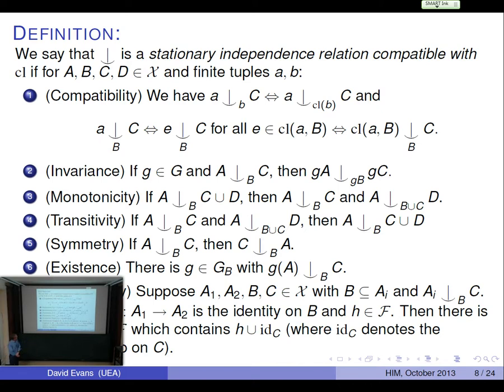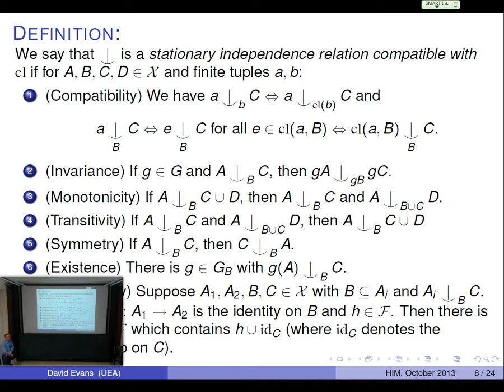Suppose we're given A1, A2, B, and C. They're all closures of finite sets. B is contained in A1 and A2, and A1 and A2, each of them is independent from C over B. Now, imagine you've got a partial automorphism from A1 to A2, which fixes everything in B. Then you can extend that to an automorphism of the whole structure, which fixes everything in C. That's what stationarity says.